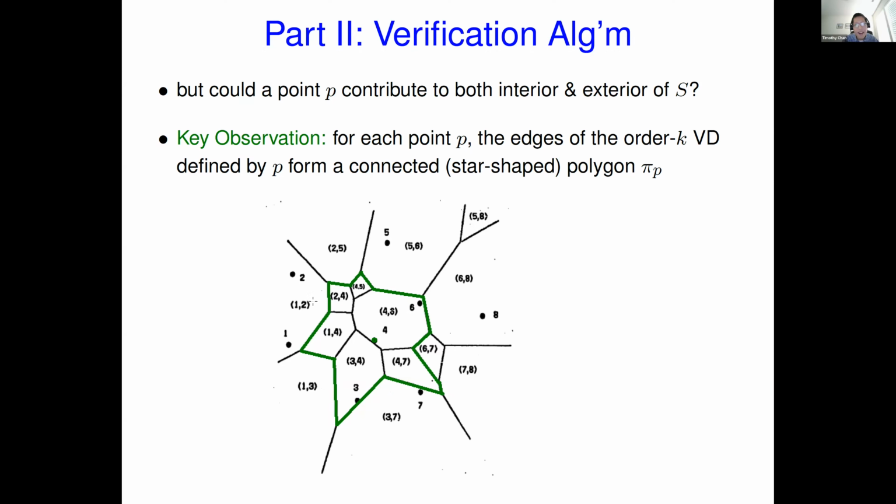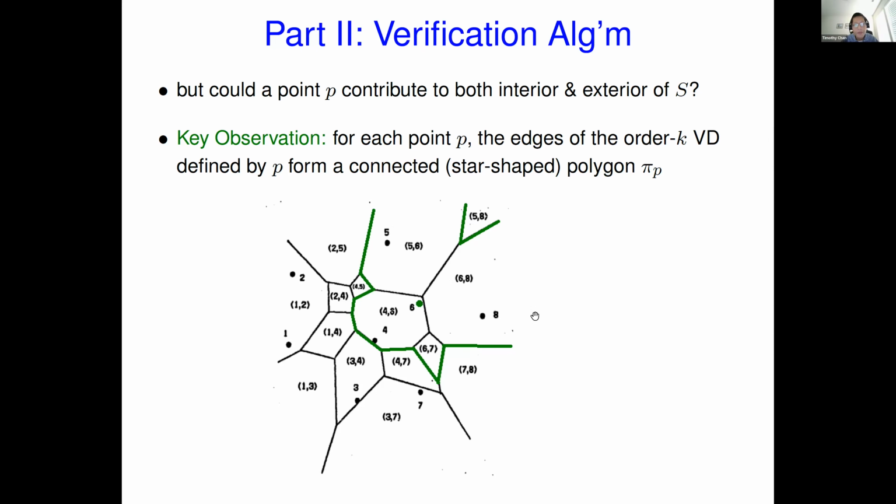And you can do that for any point. If you switch to, say, point number 6, you get another star-shaped polygon. In this case, technically the boundary is not connected, unfortunately, because the polygon is unbounded. But there are ways to fix this technicality. You can insert some points near infinity to ensure that the polygon is bounded. Then the boundary will be connected.